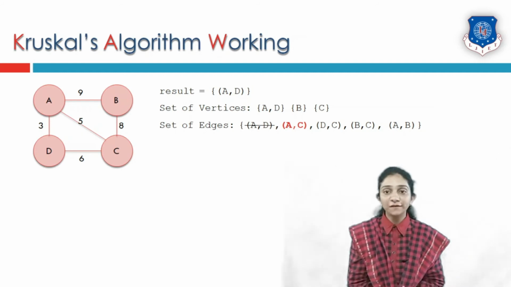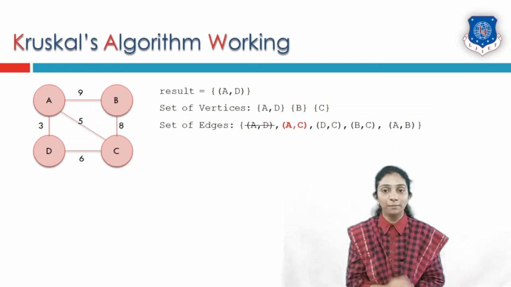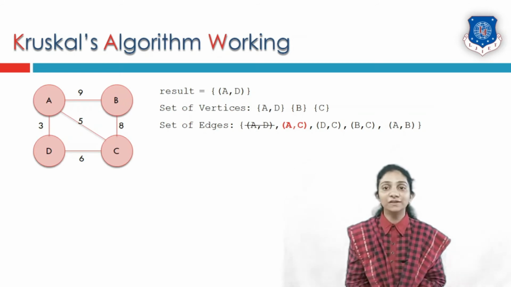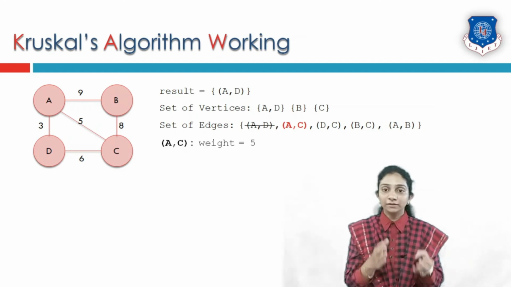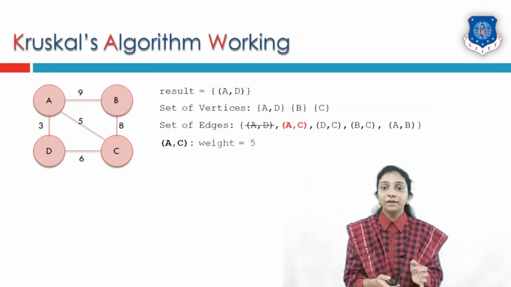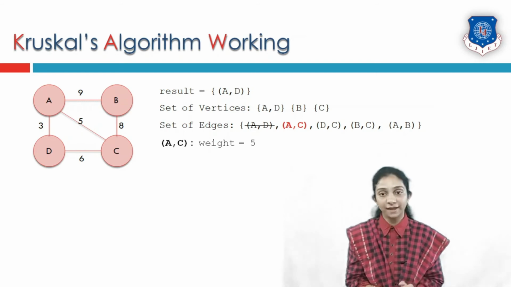Now from the set of edges, we have already worked on the first edge, that is A, D. Now we will consider another edge, that is A, C. The edge A, C has a weight of 5.